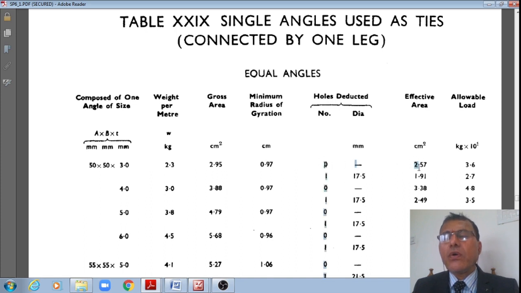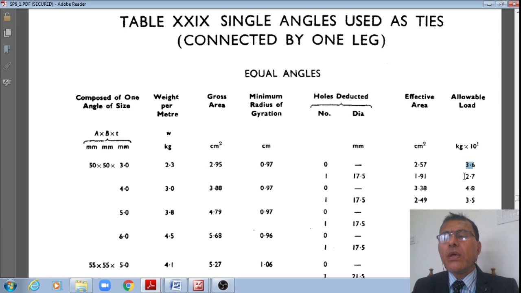Therefore, without holes and with one hole, what are the effective areas? Without holes 2.57 centimeter square, and with one 17.5 mm hole 1.91 centimeter square, and the allowable load is 3.6 tons, 2.7 tons, or 3.6 times 10 to the power 3 kgs, that is equal to 3.6 multiplied by 10 means 36 kilonewtons, or 3.6 tons, right?